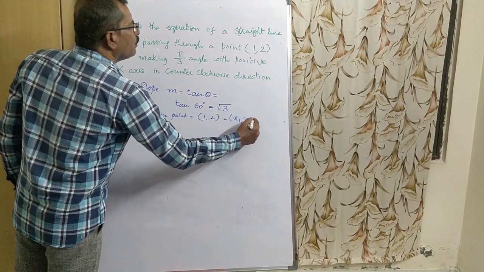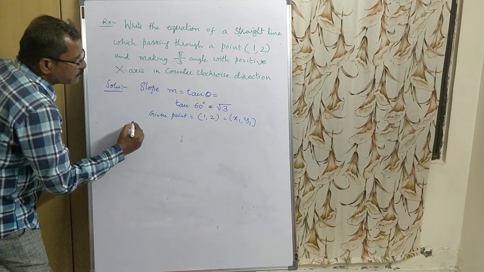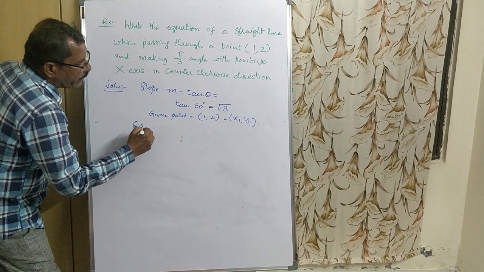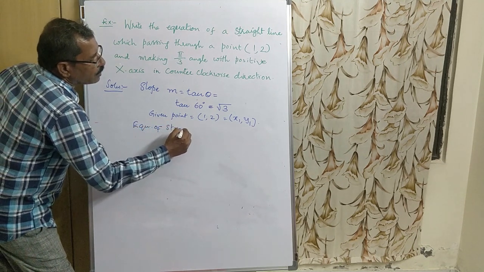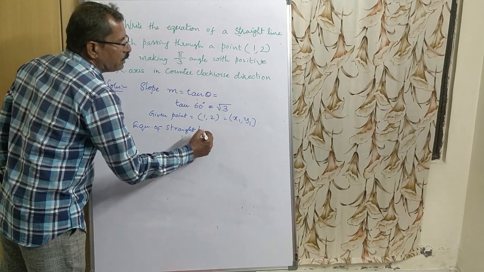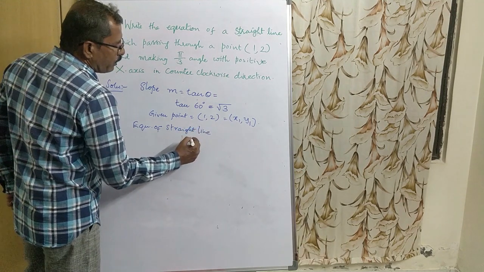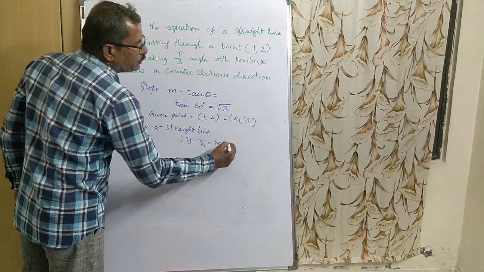What is the point slope form? That is, the equation of straight line in point slope form is y minus y1 is equal to m into x minus x1.